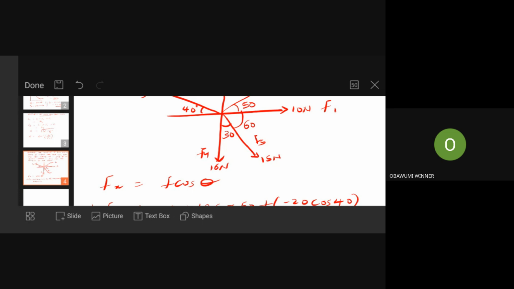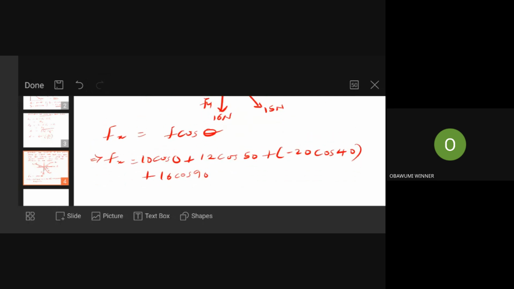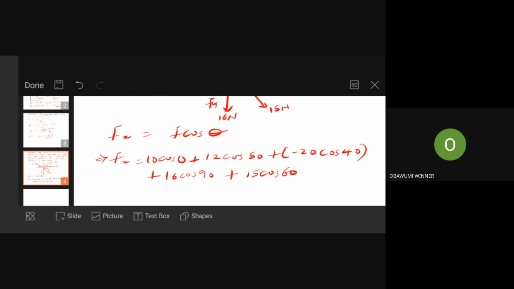So the horizontal inclination becomes 15 cosine 60. So this is plus 15 cosine 60. So I'm done with the horizontal component.